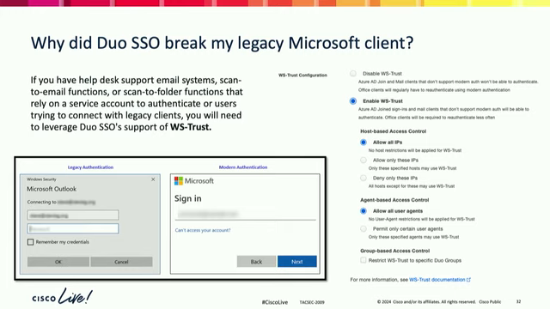So typically this is for those organizations that have Entra ID join machines, scan functions, printers as well, that still use legacy authentication. And so this section here, WS Trust configuration, you'll see that in your SSO configuration in the admin panel, and you'll simply just need to enable that so that your users can leverage and still use legacy authentication with Duo as well.